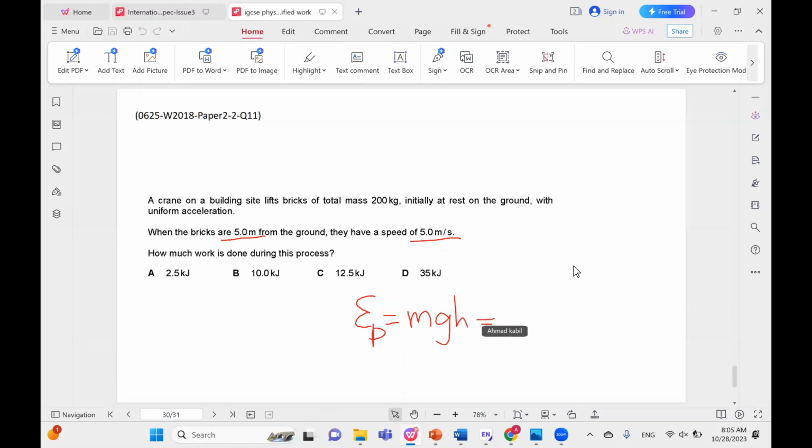m is 200, g is 10, and h is 5. So this gives us 10,000 joules. And the kinetic energy here is equal to half mv squared.